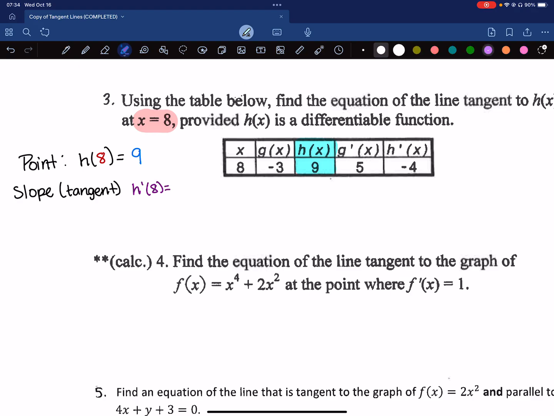So what is the derivative when x equals 8? That is negative 4. We have our point, we have our slope, we can write our equation. So we have y minus 9 equal to negative 4 times x minus 8.